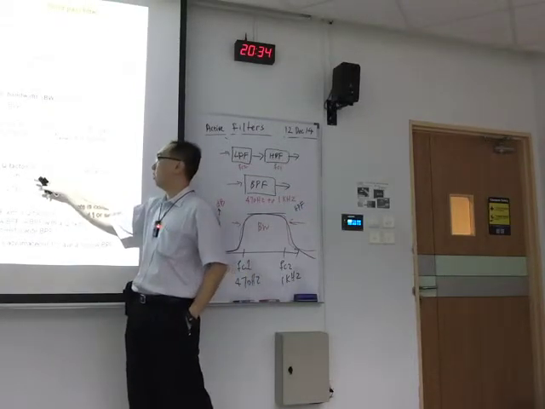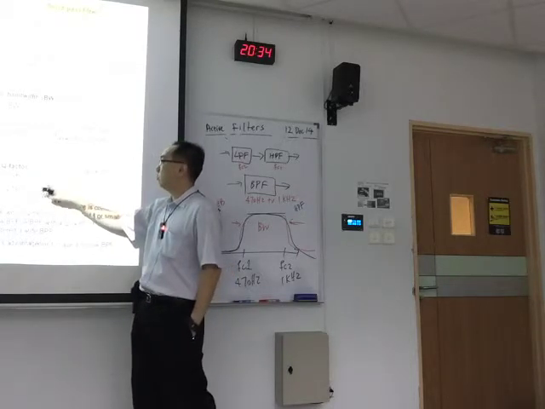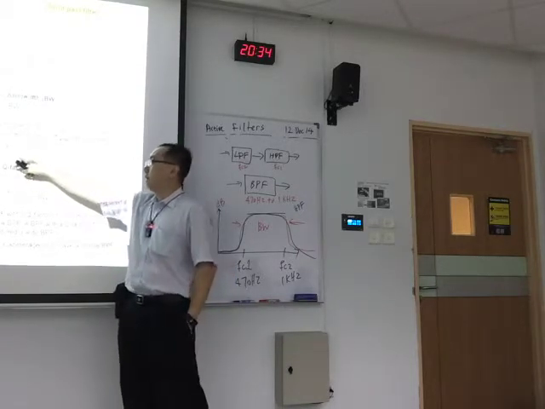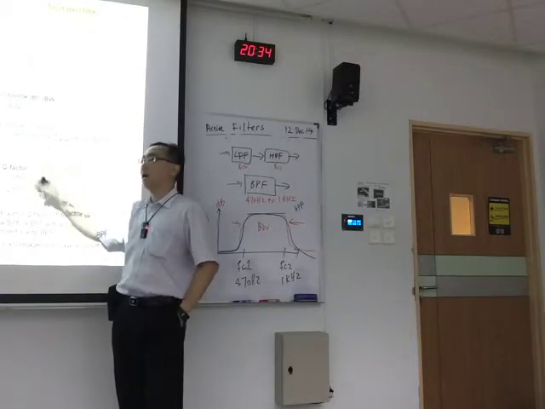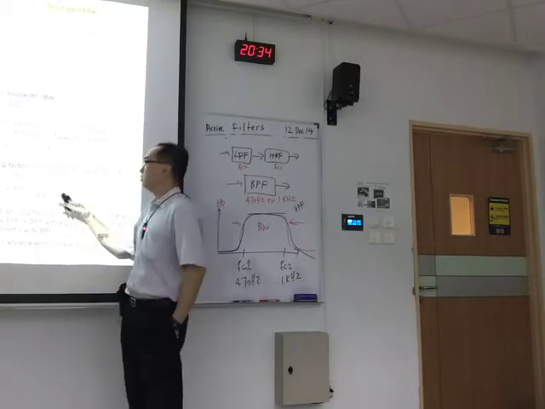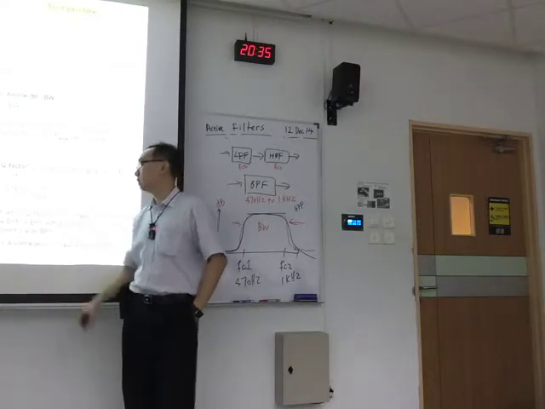So we can calculate this thing called the Q factor. If you know your F center, because you know what FC1 is and you know what FC2 is, you can calculate the F center, the center frequency. So you take the center frequency divided by the bandwidth. That will give you the Q factor.